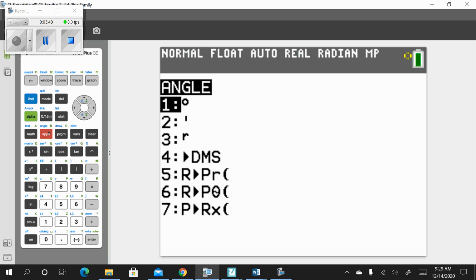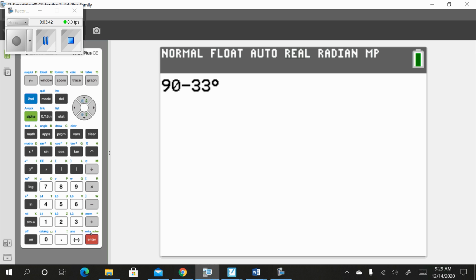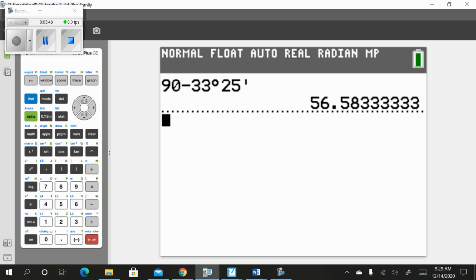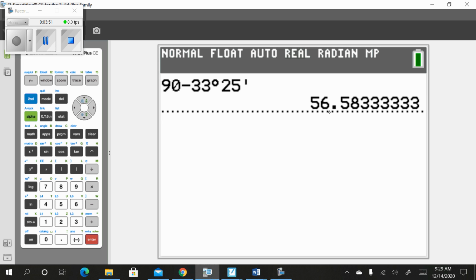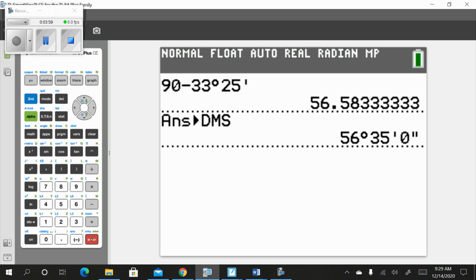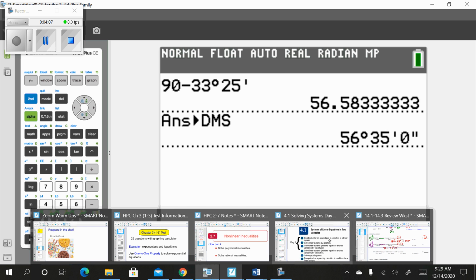And remember, you have to go to your angle menu, degrees, and then 25 back to your angle menu, minutes, and it's going to give you this as degree as a decimal. Now that's not the same as degrees minutes. You want to make sure we can get it back to there. So we again go to our angle menu to degrees minutes seconds, which is number 4, and press enter. Even if you have a scientific calculator, you still have those menus, and you can do the same thing. So 56 degrees, 35 minutes. So make sure you know how to use your calculator.